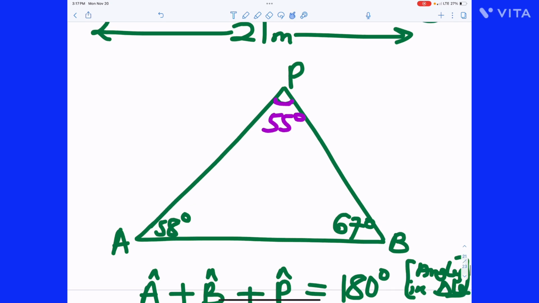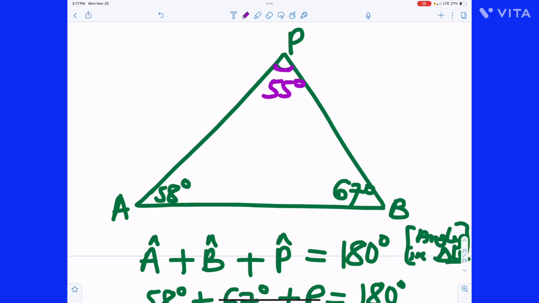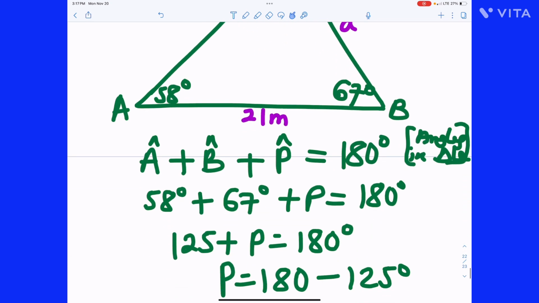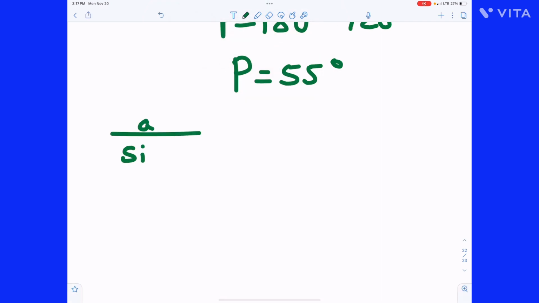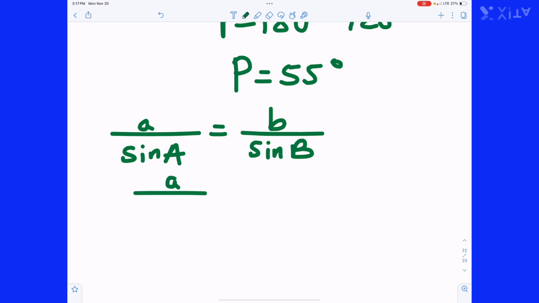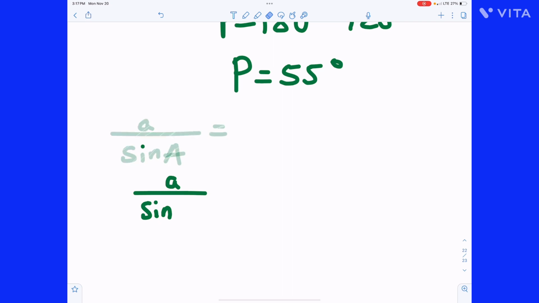Let's use this as A and B. So this is 21 meters, as given in the question, the distance between A and B. So I can now say A over sine A is equal to B over sine B. I'm going to need to use P because we have more than one unknown here, so I can't use this set.